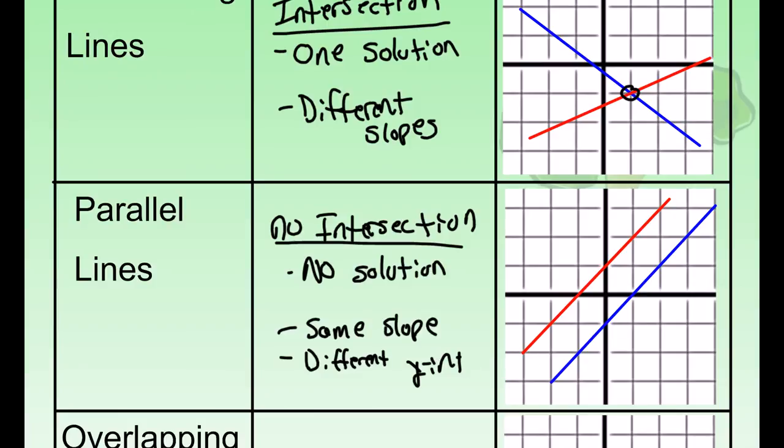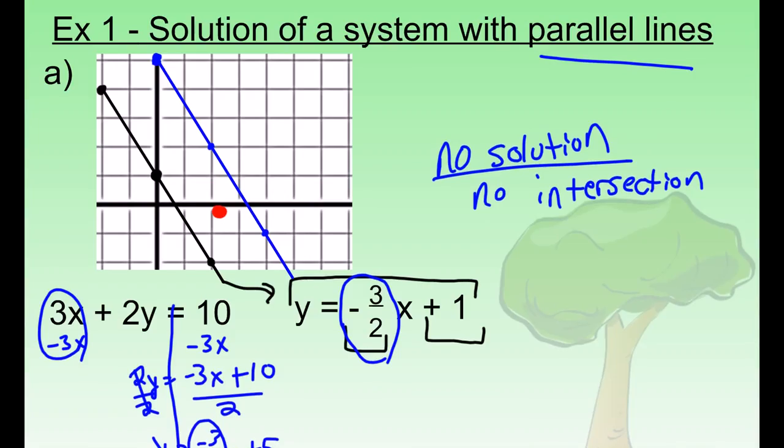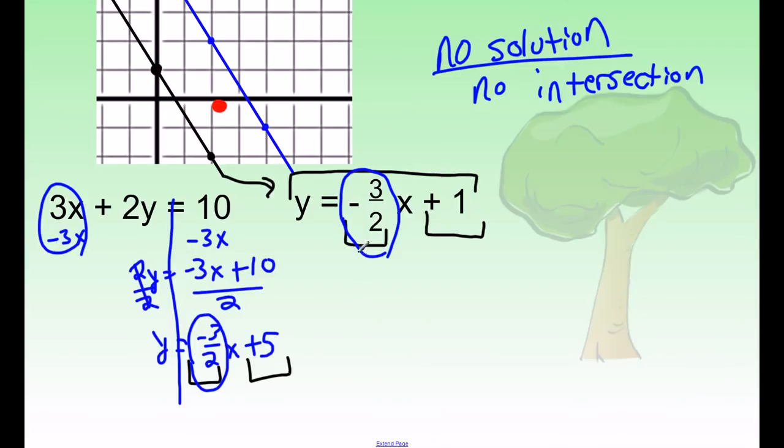I'm going to flip back a page or so to show you when we were talking about parallel lines, that the slopes were the same, but the intercepts were different. So here we go. Same slope, different intercept. So they're going the same direction. One is just higher than the other.